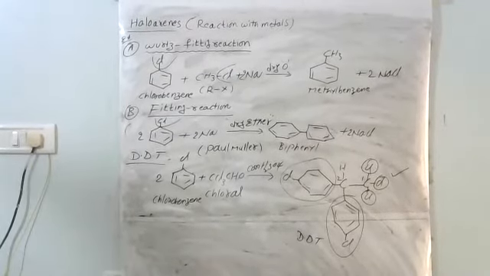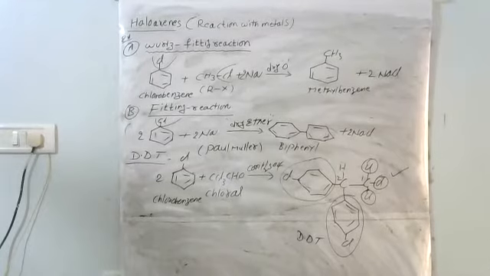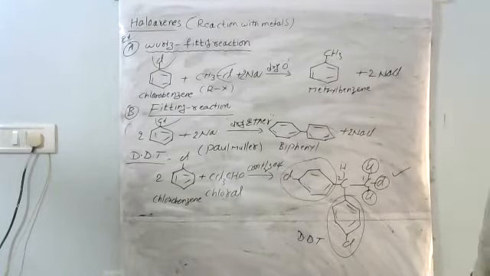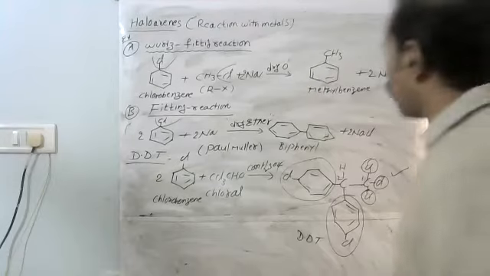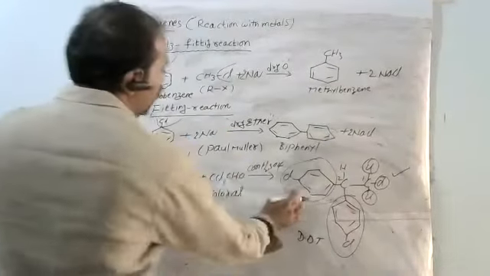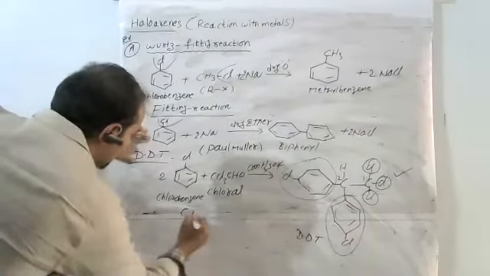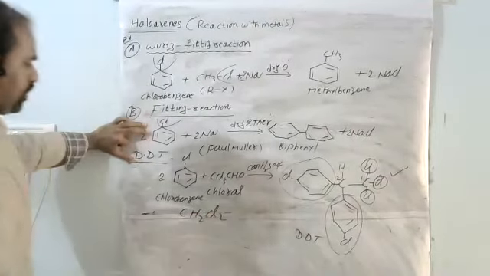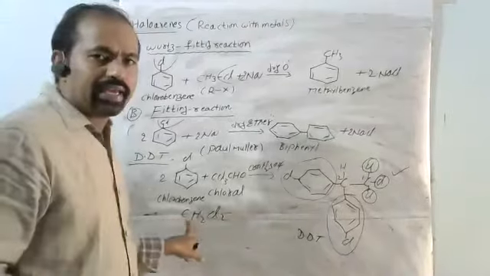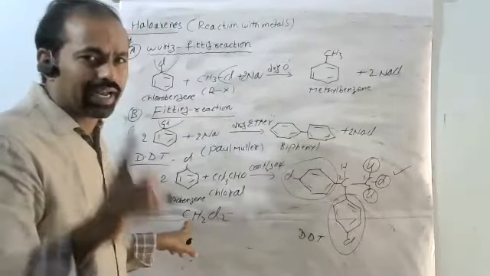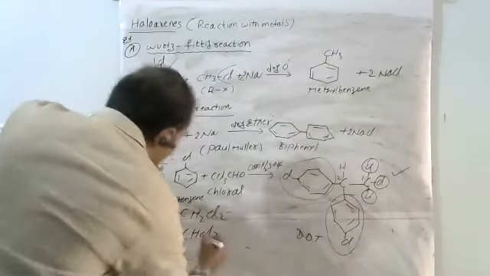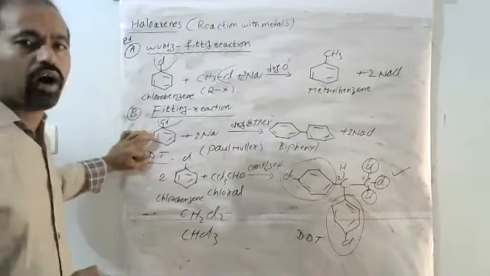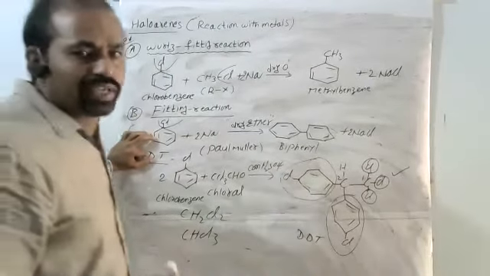Now, one more, not only DDT. One more compound, dichloromethane, CH2Cl2, also called methylene chloride, is one of the halogen derivatives. Methylene chloride is a common name. Not only that, CHCl3 is chloroform, also a halogen derivative.